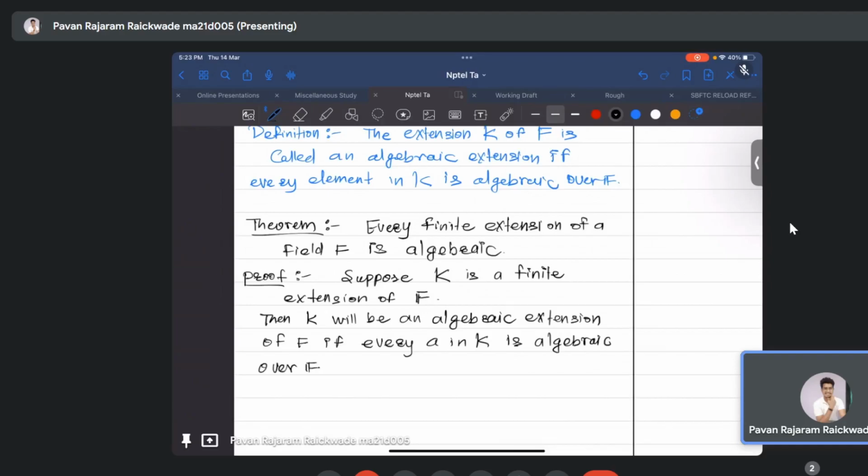That means we have to find a polynomial over F satisfied by this element A, every element basically. You take any arbitrary element A, then we need a polynomial.